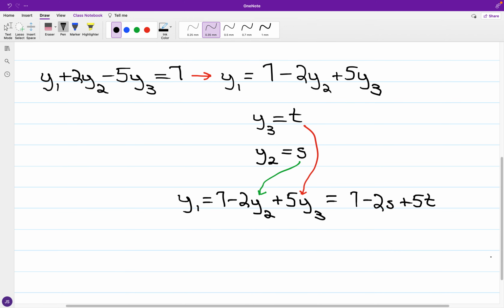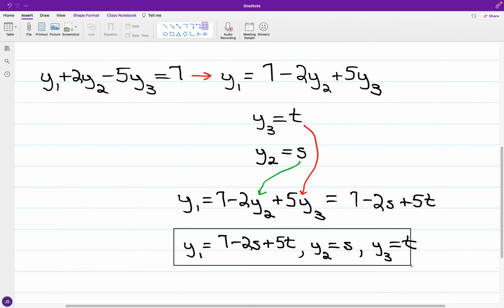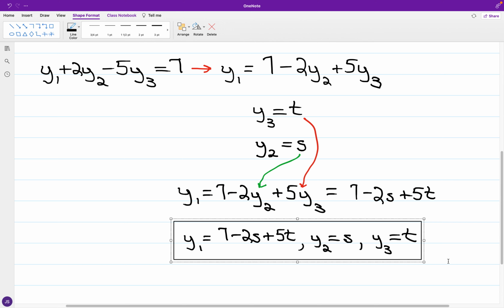In the parametric solution set, we have y1 is equal to 7 minus 2s plus 5t, y2 is equal to s, and y3 is equal to t. Again, this is the parametric solution set.